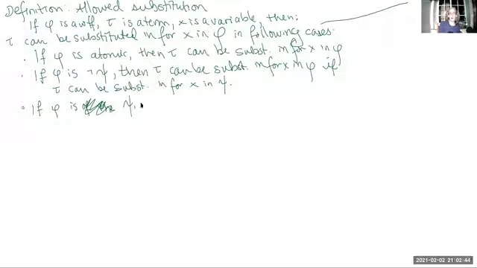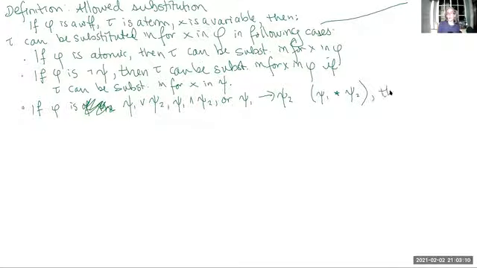If phi is either psi1 or psi2, psi1 and psi2, or psi1 implies psi2. So again, we'll just make it easier on ourselves so that we don't have to write out all of the cases. This little star will just represent any of conjunction, disjunction, or implication.